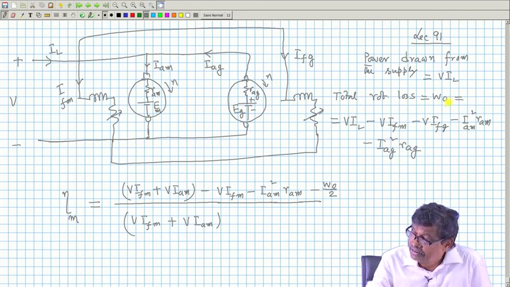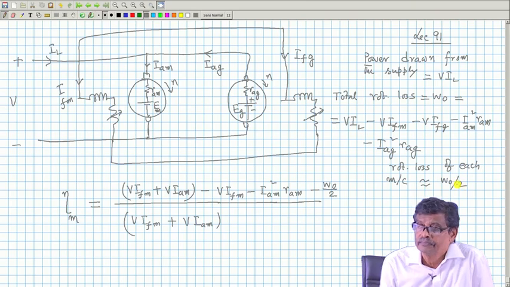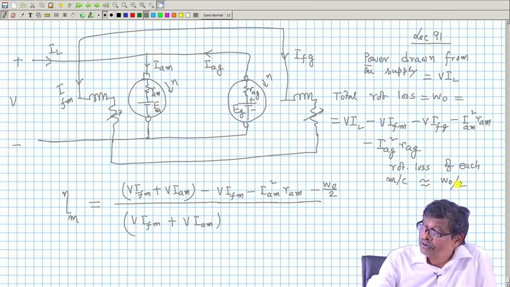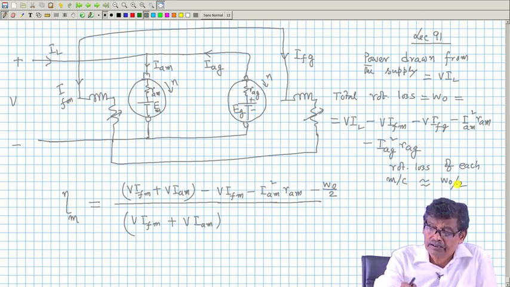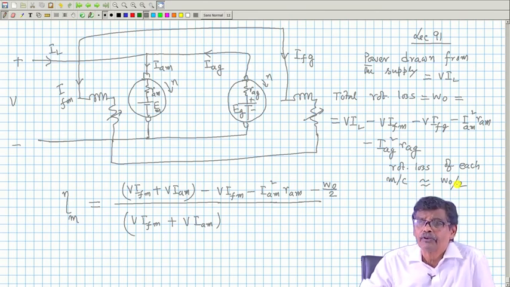So, after this we say that the rotational loss of each machine will be approximately W naught by 2. W naught I estimated as the rotational loss of both the machines, because there will be eddy current loss in the armature, frictional loss on the shaft of the machines. Why I am saying it is approximate?